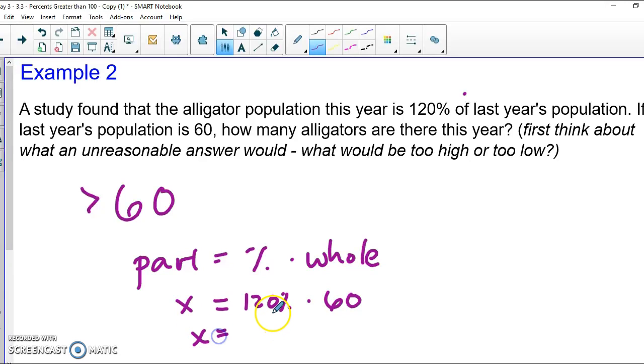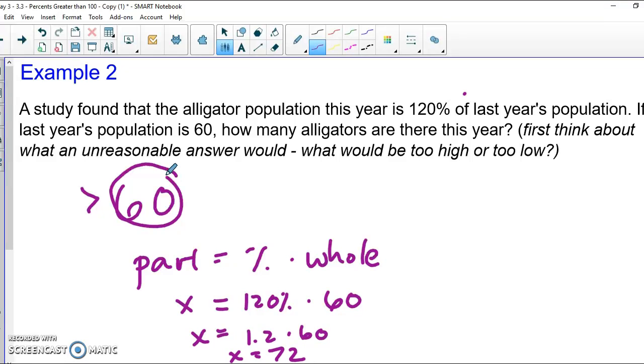And as I do that, I'm going to change my percent to a decimal by moving my decimal point 2 spots. So this becomes 1.2 times 60. And when I do 1.2 times 60, I get 72. That seems like a reasonable answer because that would be all of 60 plus another 20%.